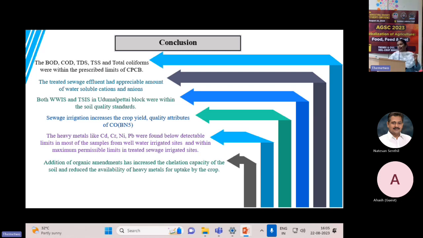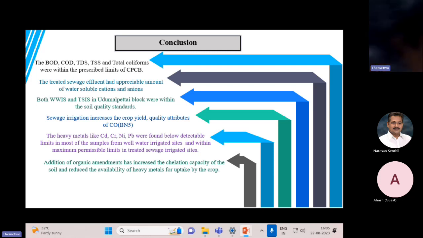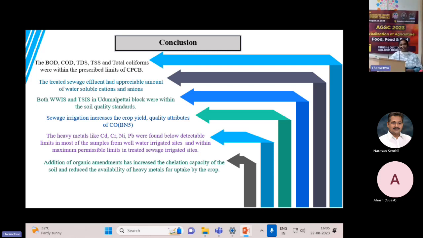When we use these, the heavy metal content is somewhat reduced because the accumulation is reduced, due to the chelating capacity of the organic amendments. The addition of organic amendments increased the chelating capacity of the soil and reduced the availability of heavy metals, so the uptake by the crop is finally reduced.